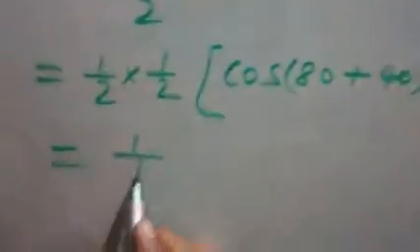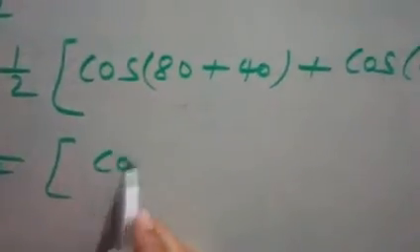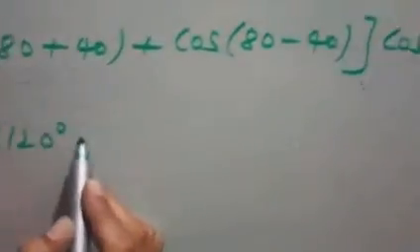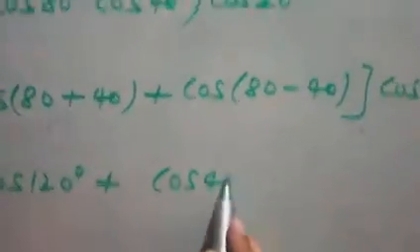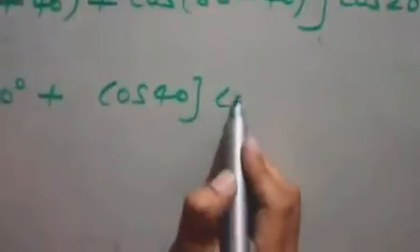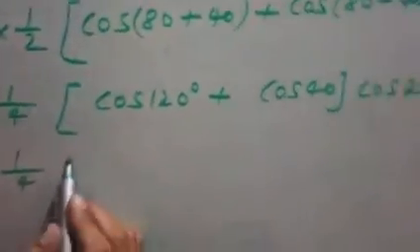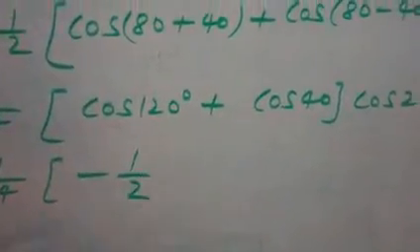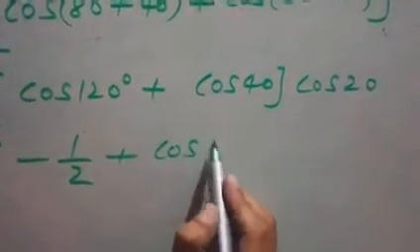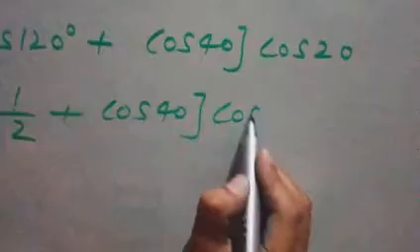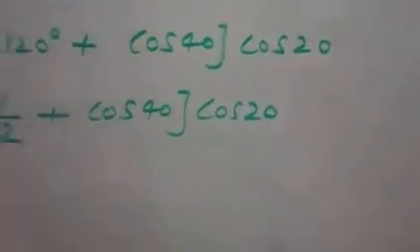So here is 1 by 4, here is cos 120 plus cos 40, and here cos 20. 1 by 4. We know that the value of cos 120 is minus 1 by 2. So plus cos 40 degree, and here cos 20 degree.